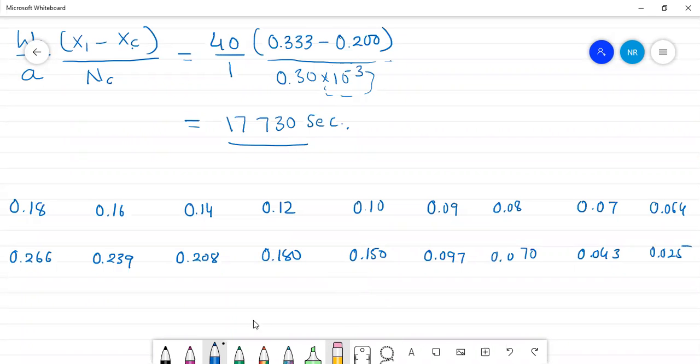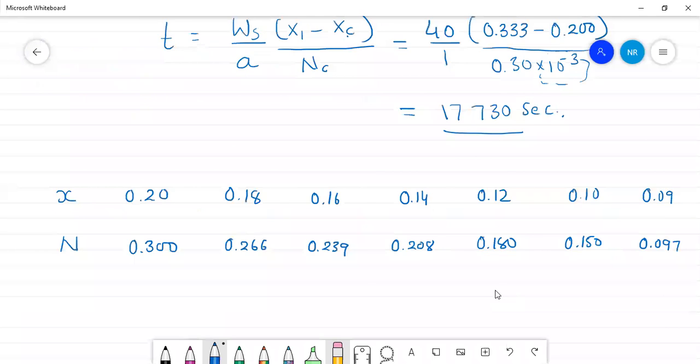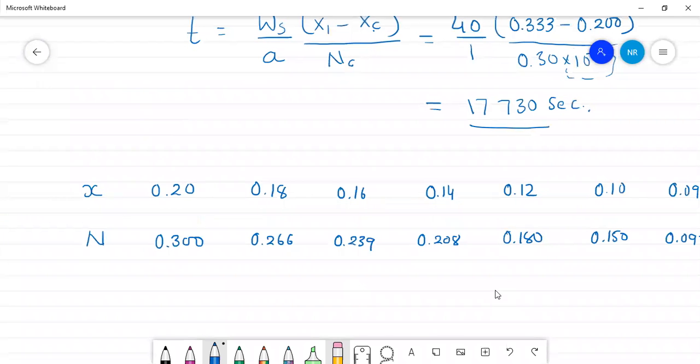So now we have different values of x versus different values of n. Here n is multiplied by 10 raised to 3, so 1 divided by n is multiplied by 10 raised to minus 3.